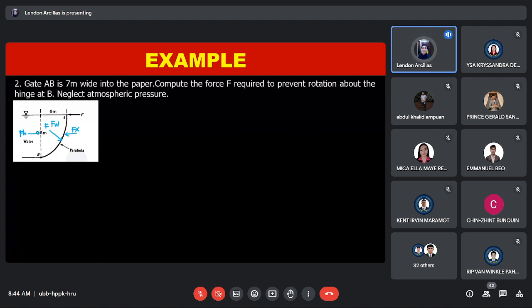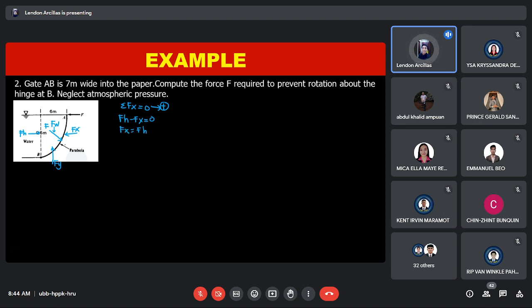So, this f of w or the weight of this parabolic gate will be countered by f of y. So, summation of f of x equal to 0, positive yung f of h. Positive on the right side, therefore, f of h is positive minus f of x yung nasa left side. So, therefore, f of x is just equal to f of h.